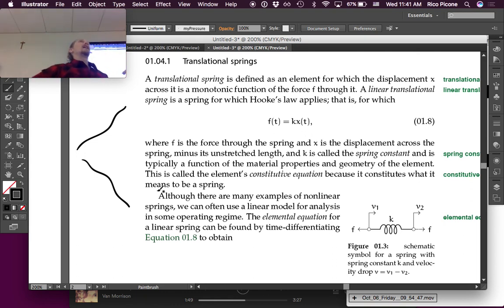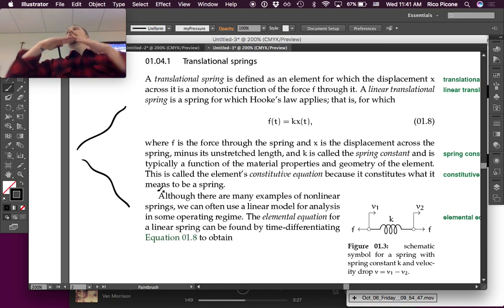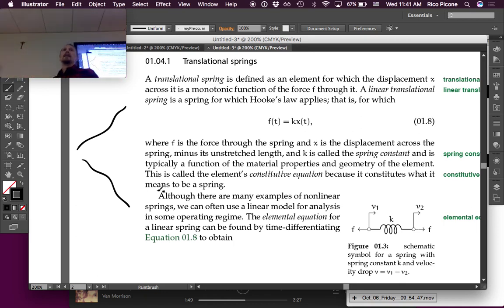Similarly, you could think of a metal beam or other member that flexes. Might not be in the shape of a typical coiled spring, but it could behave in a spring-like way. So we model lots of things as springs that don't look like springs. Okay.